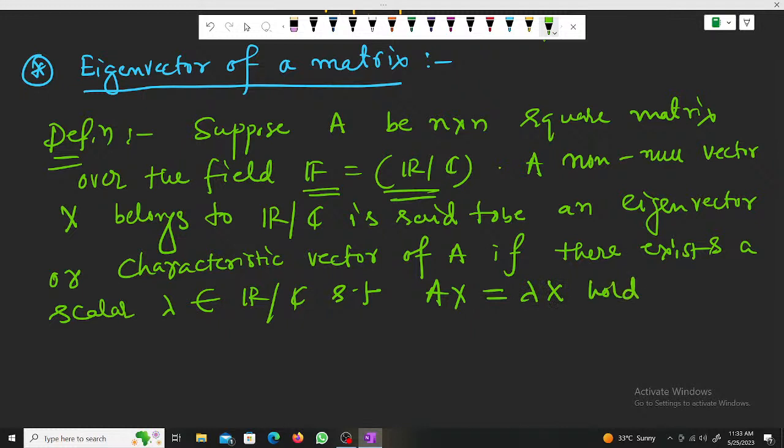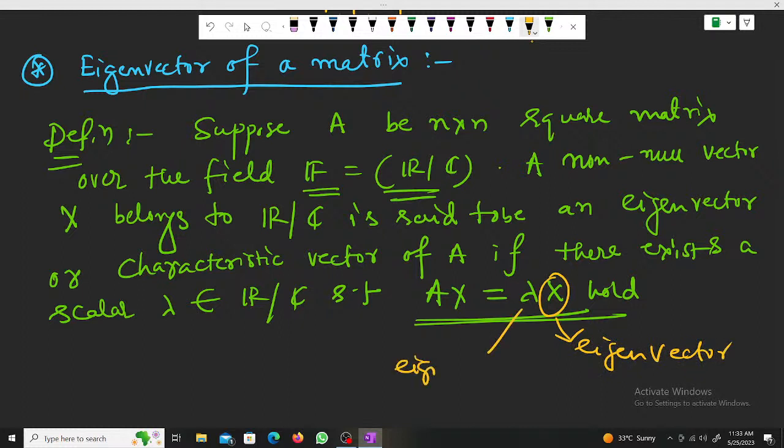This condition holds. In this case, this capital X is called eigenvector and this lambda is called eigenvalue.